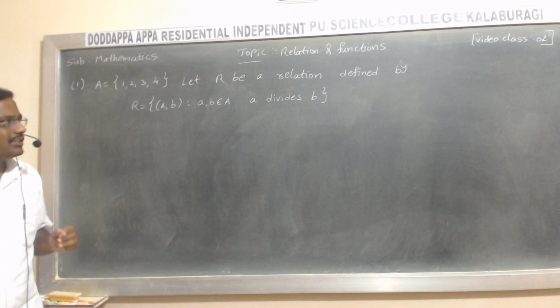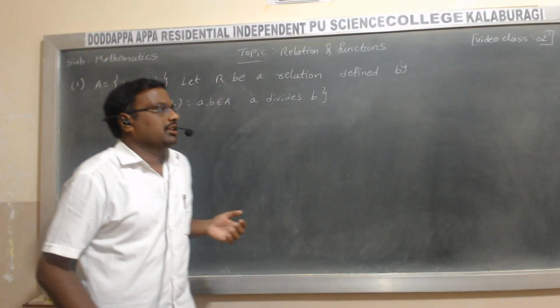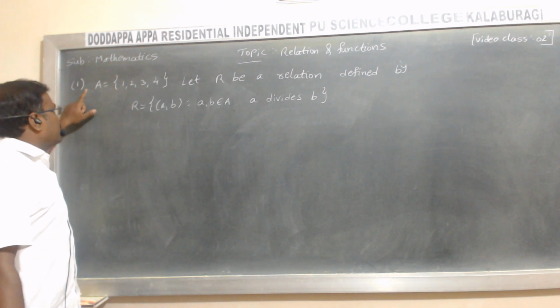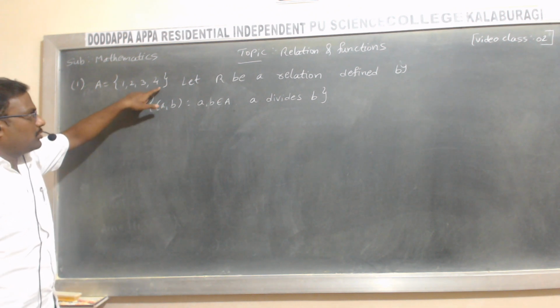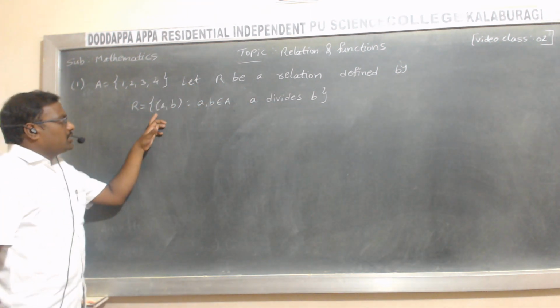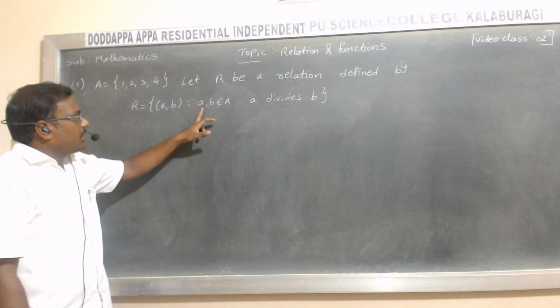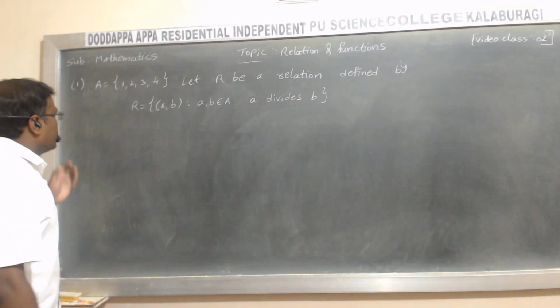Okay. So now you can solve the problems on relations. So, what is the given? If A is equal to the set {1, 2, 3, 4}, let R be a relation defined by R is equal to {(a, b) such that a, b belongs to A, a divides b}.